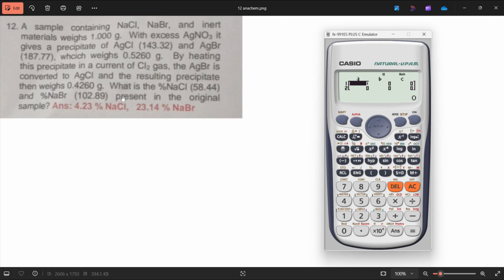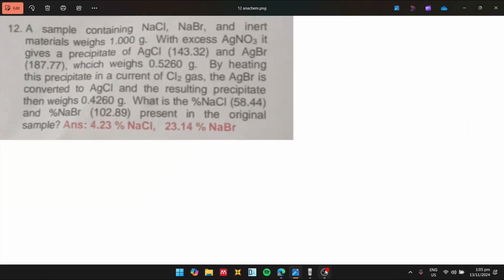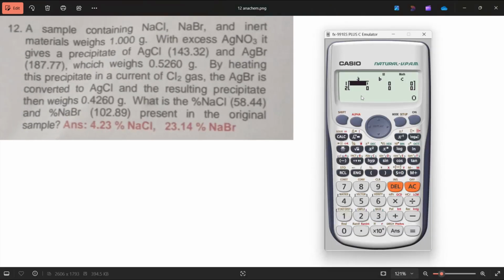Now, the first thing that we need to realize here is that this is not the same situation as previously. You can't just let x and y be NaCl and NaBr, because the first part of our story here already involves the production of silver chloride and silver bromide, which is derived from the NaCl and NaBr.